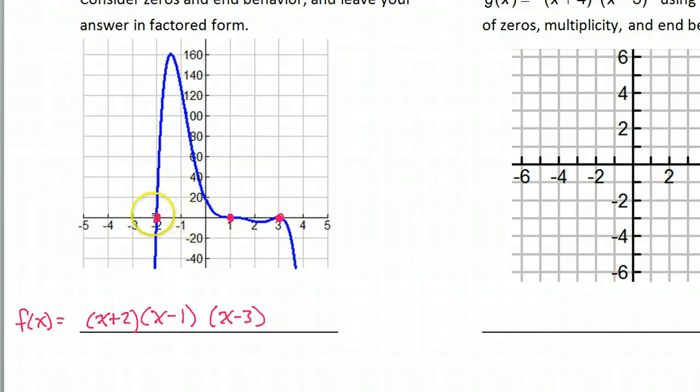And what we learned was, if the graph just passes straight through the 0, then that's a single root, a single factor. If the graph bounces off of a root, that means it's a double. So this root here at 3 means this factor of x minus 3 is a double. Okay, so it should be squared.